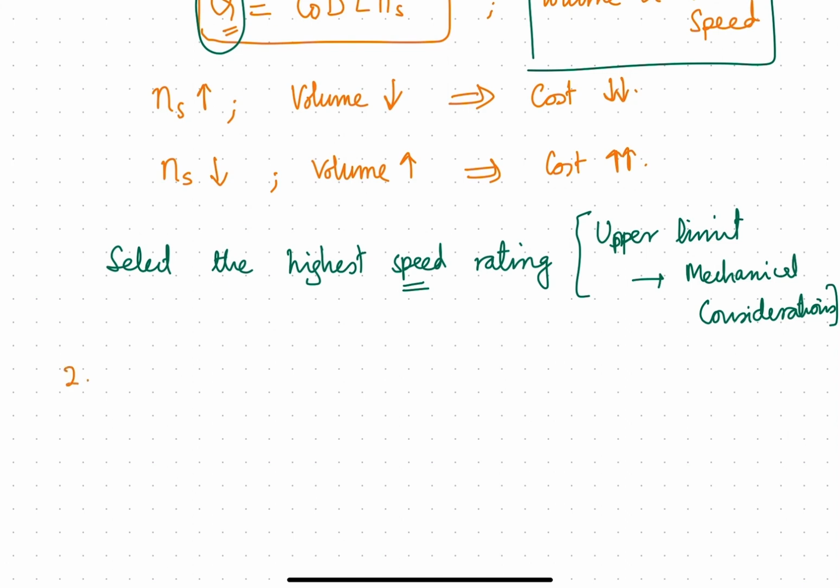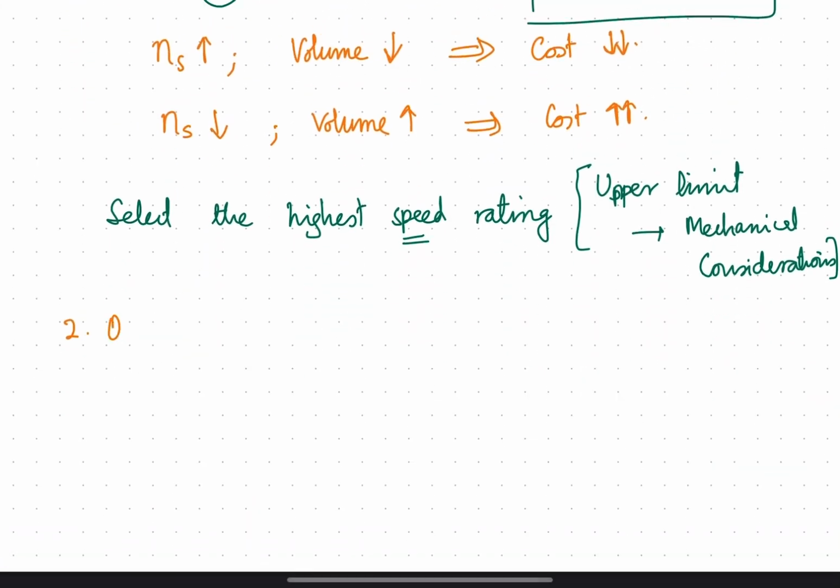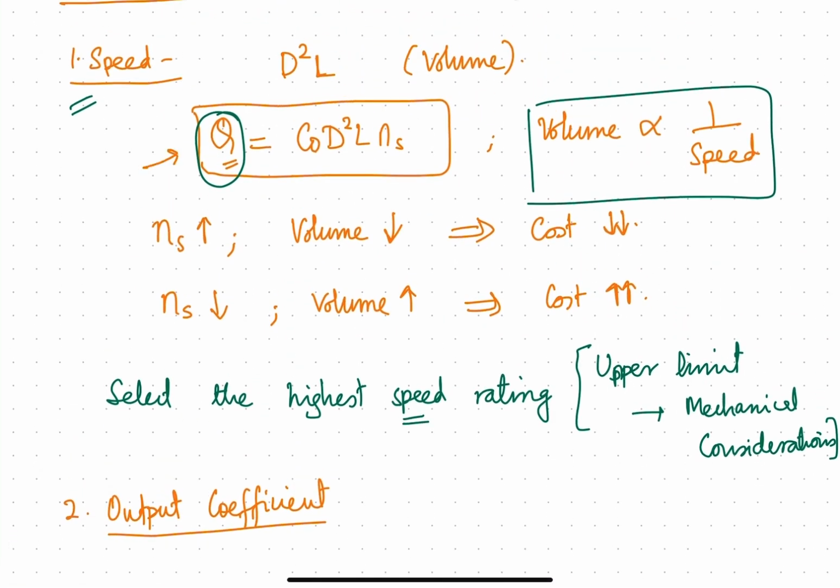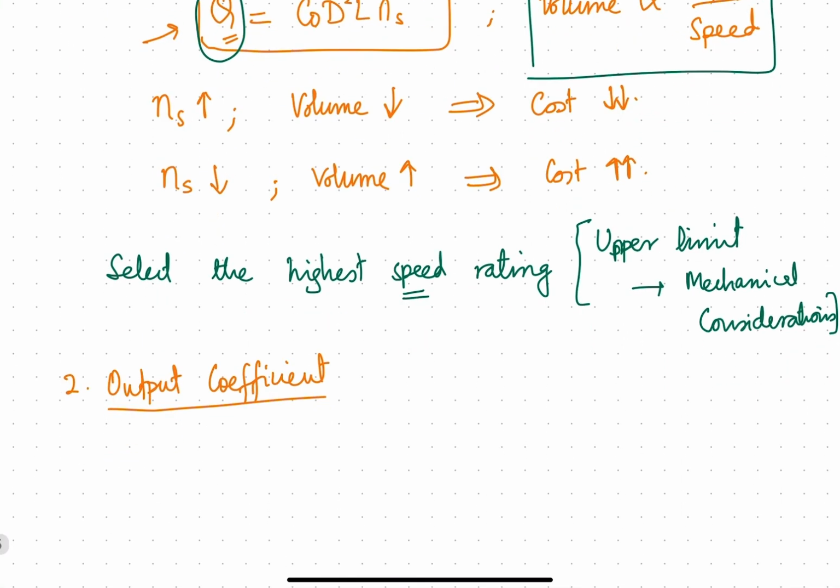Next, we have the output coefficient. Again we come back to the output equation. We see that for the same power, the volume of the active parts is inversely proportional to the output coefficient.